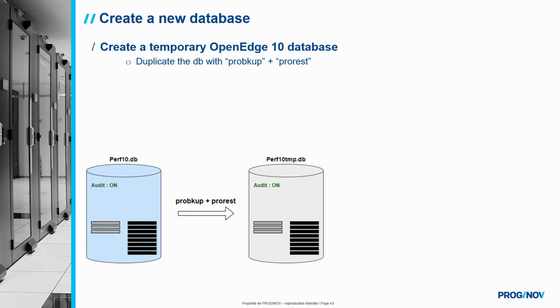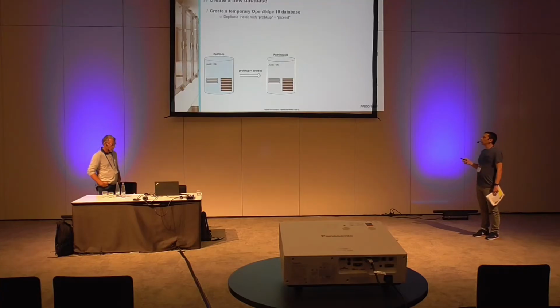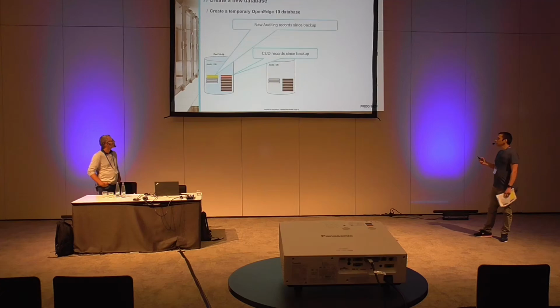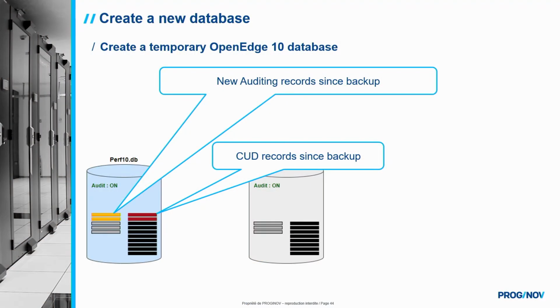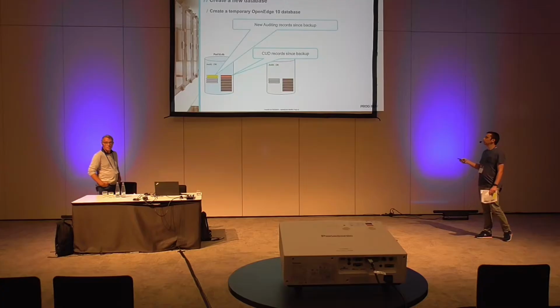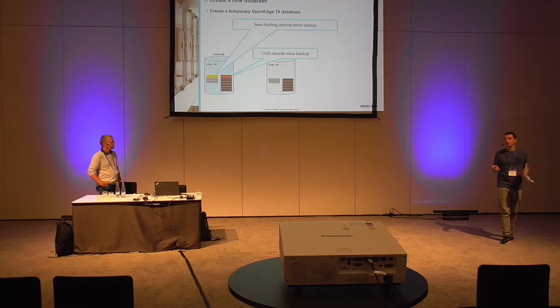Then we duplicate this database into a temporary OpenEdge 10 database. For this, we use ProBackup and ProRest commands. This database is still used in production, so changes continue to appear in this database, and new auditing records continue to be created.